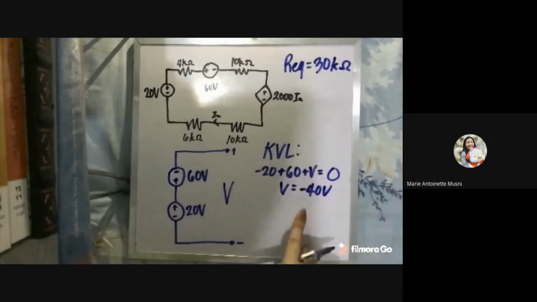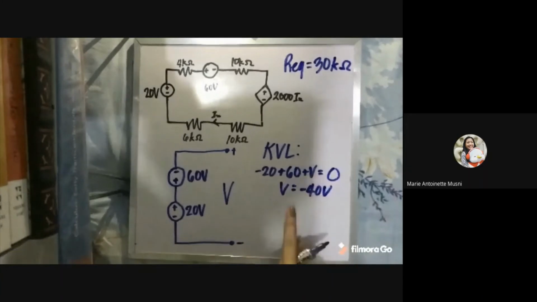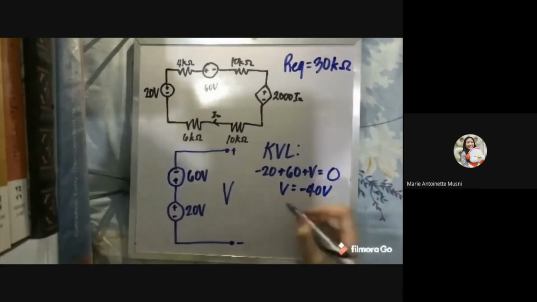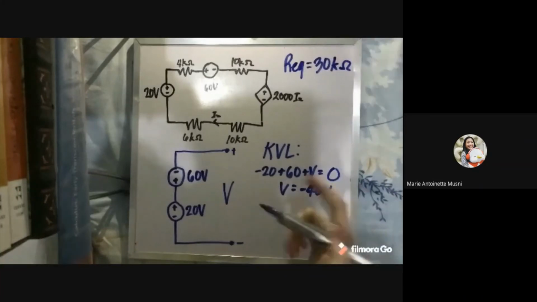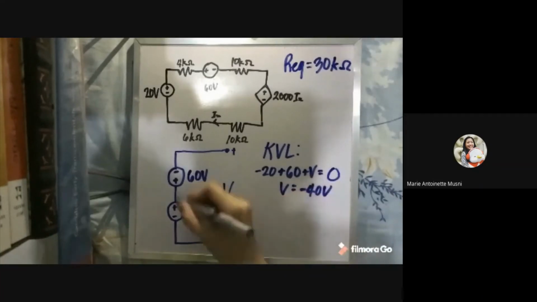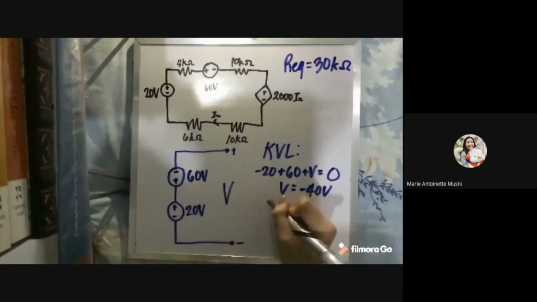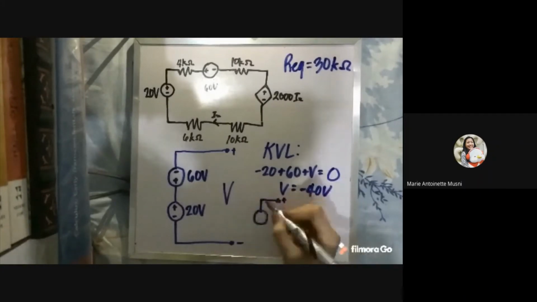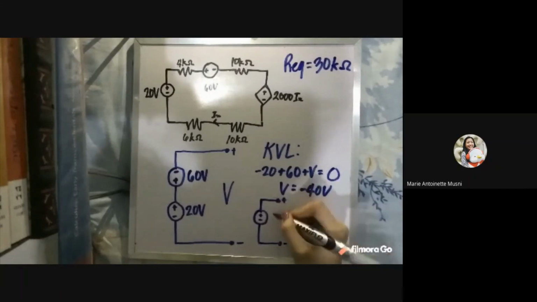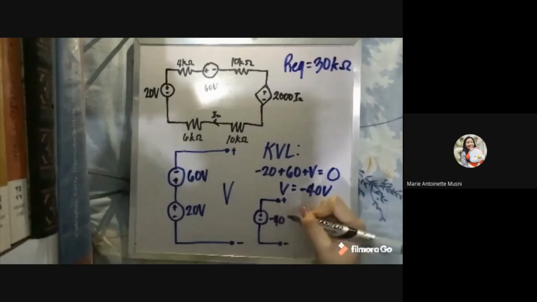But we know that we can't have a negative voltage, so we can apply passive sign conventions. Let's just redraw a combined voltage here. Positive, negative. We have our negative 40 volts.